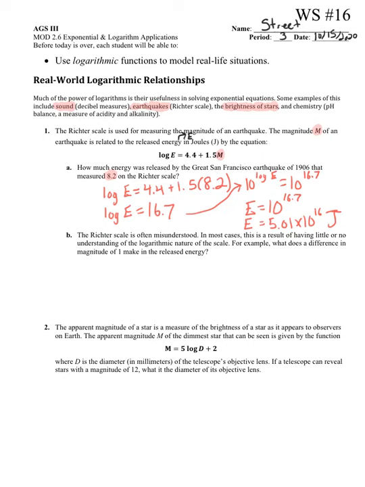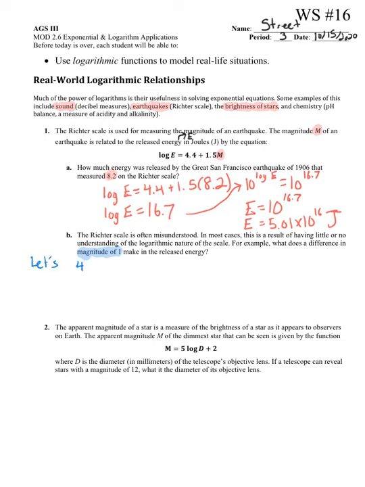It says the Richter scale is often misunderstood. In most cases, this is the result of having little or no understanding of the logarithmic nature of the scale. So for example, what does a difference of magnitude of 1 make in the release of energy? What's that going to do to change the earthquake value? So let's look at two different magnitudes.